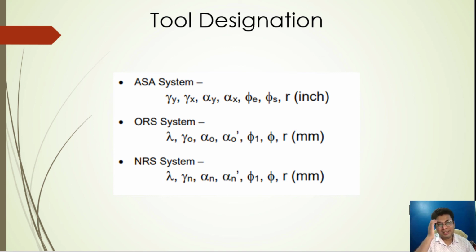There may be instances where you will be given a particular tool signature in this ASA or ORS system, and you need to identify a particular value of the angle of the cutting tool in order to be applied for further implementation in numerical problems.